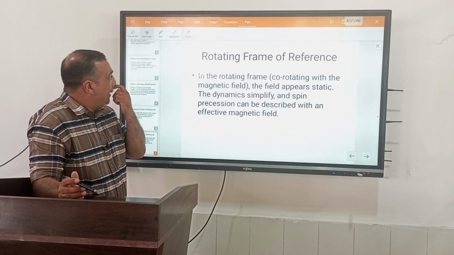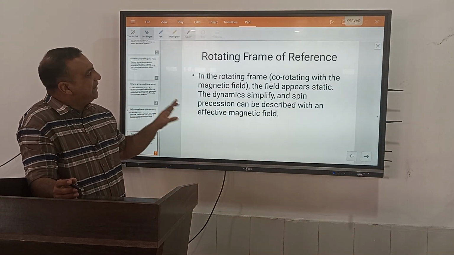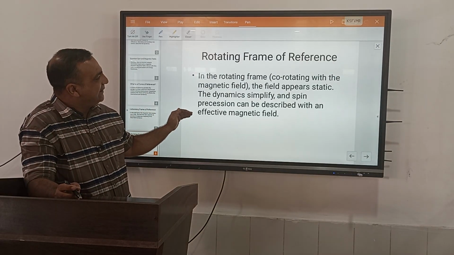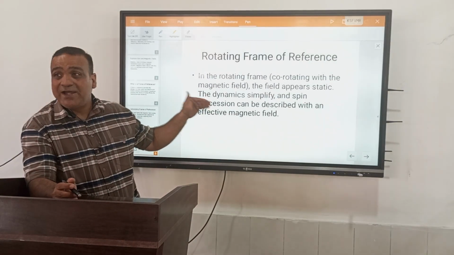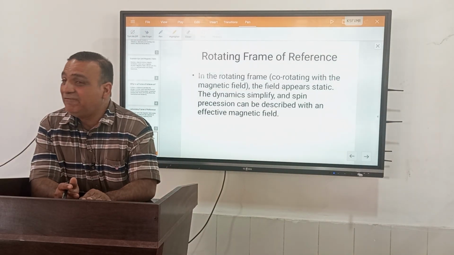So now, in the quantum mechanical rotating frame of reference, your frame of reference is rotating with respect to the rotation of the magnetic field.